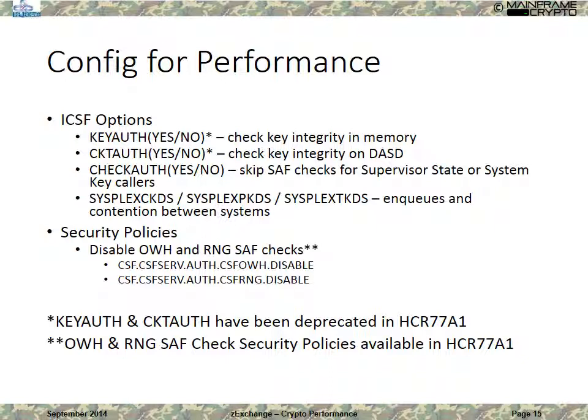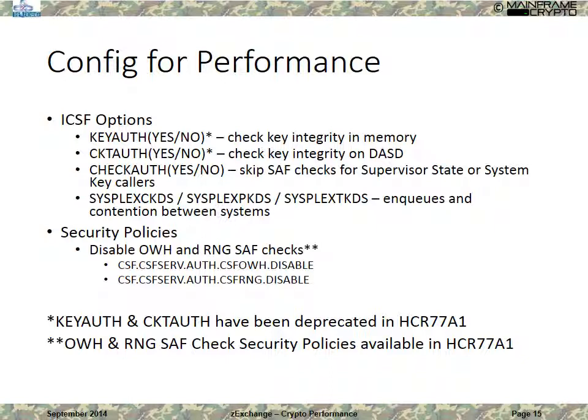Checkauth, on the other hand, is a little bit different. Checkauth tells ICSF if your calling application or your calling program is running in supervisor state or system key, you can tell ICSF, don't even bother performing the SAF check to see if that caller is authorized to use the particular key or the particular API.